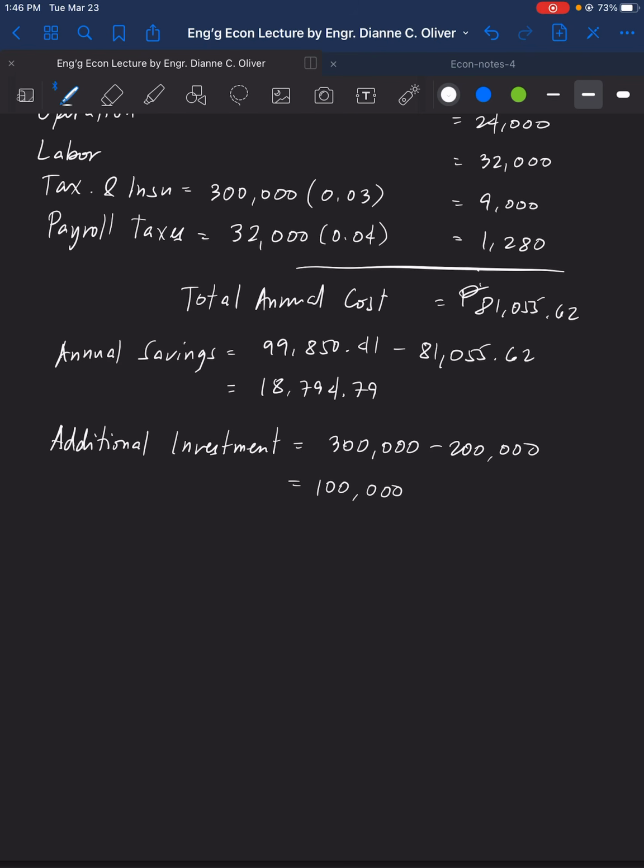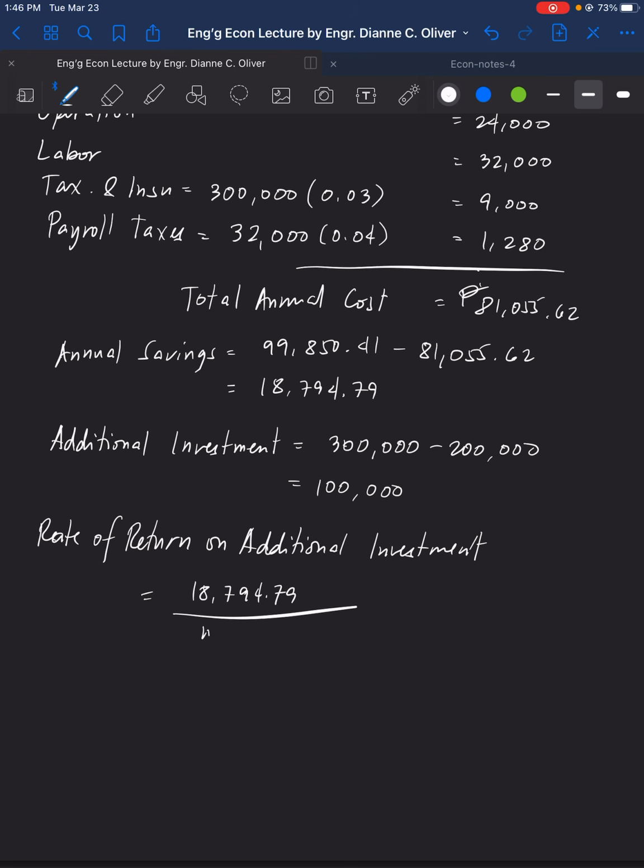Now next, we have the formula for the rate of return on additional investment. That's equal to the net annual savings, 18,794.79, all over the 100,000.